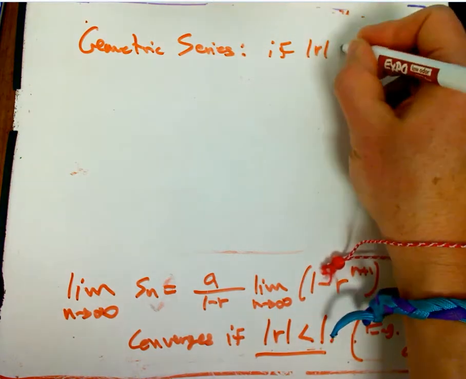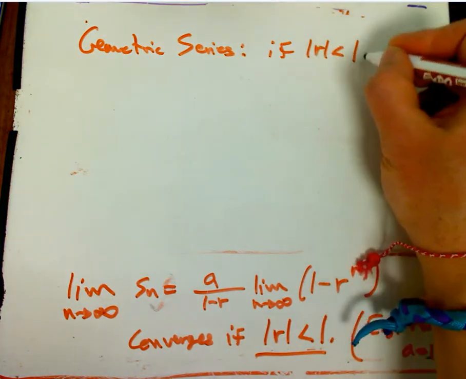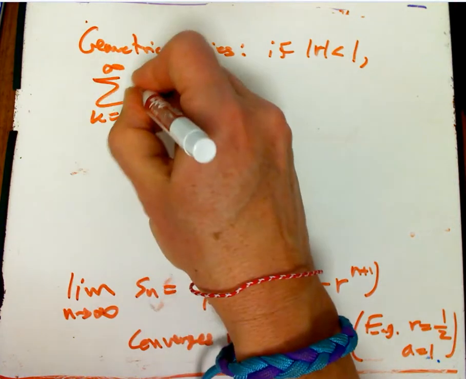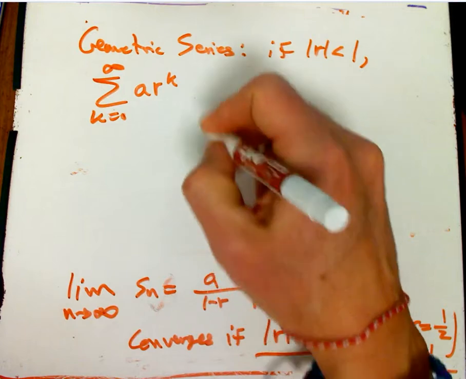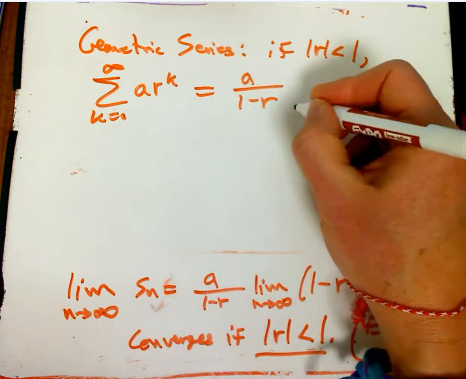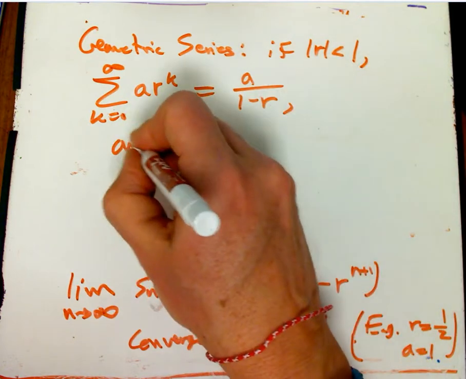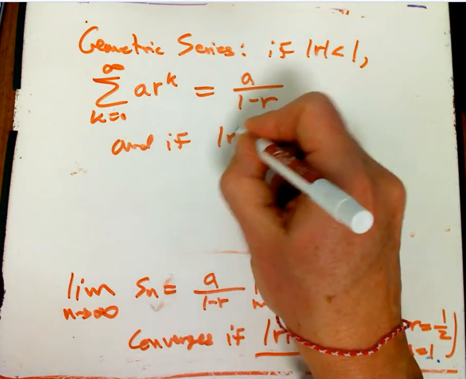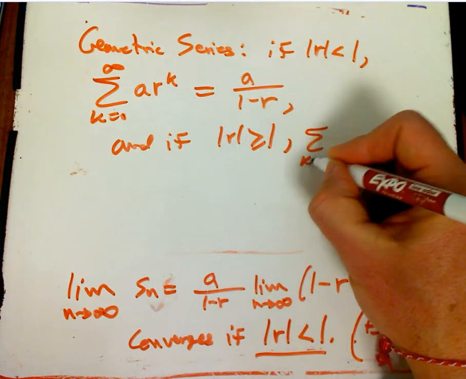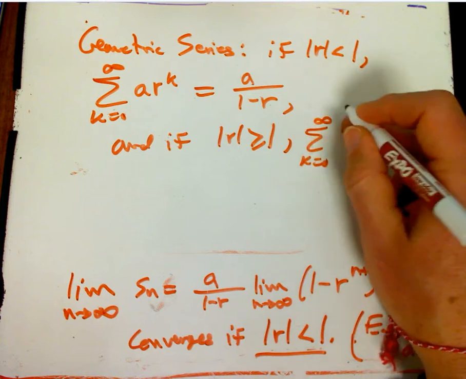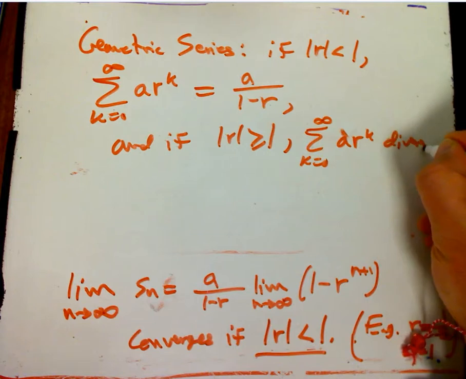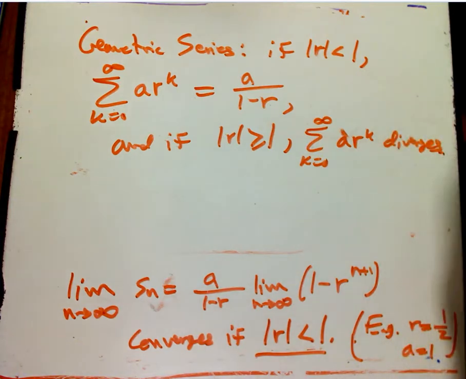If r is between minus 1 and 1, not inclusive, then the infinite sum of a r to the k is equal to a over 1 minus r. And if not, then this sum diverges. Okay, that's a big deal.